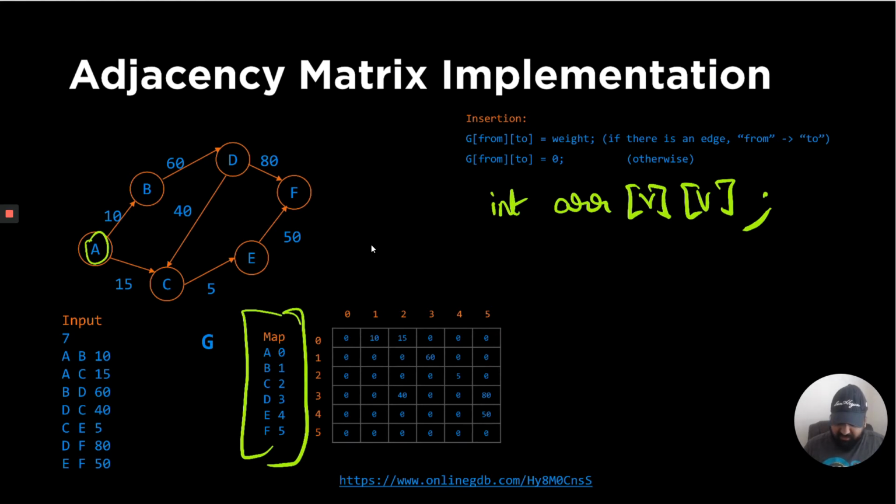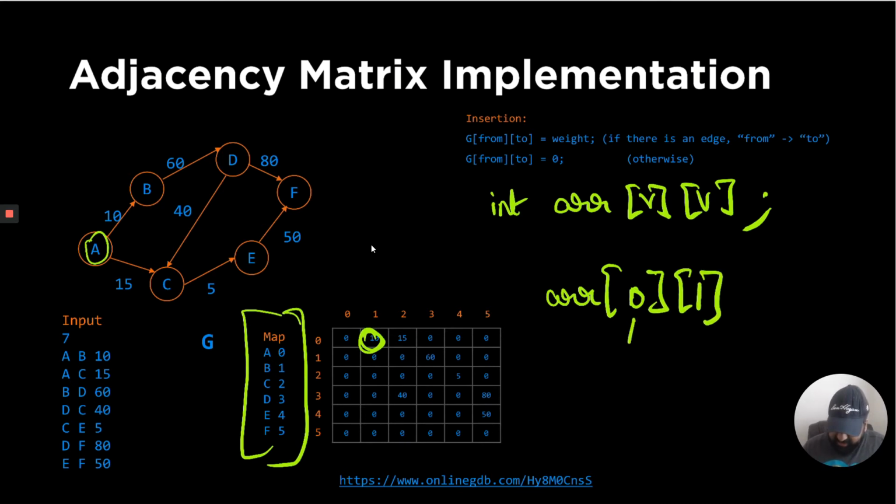So whenever we are trying to access a location, let's say we are trying to change this number 10, or change the weight of a particular edge to some other value, you might do something like arr of 0 and then 1.